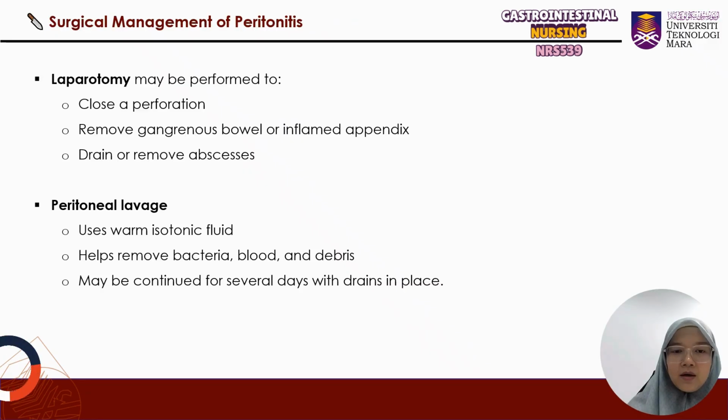For the surgical management of peritonitis, laparotomy may be performed to close the perforation or to remove gangrenous bowel or inflamed appendix, and also to drain out or remove the abscess from the peritoneal cavity. And there's also peritoneal lavage, which uses warm isotonic fluid to help remove the bacteria, blood, and also debris, and may be continued for several days with drains in place.